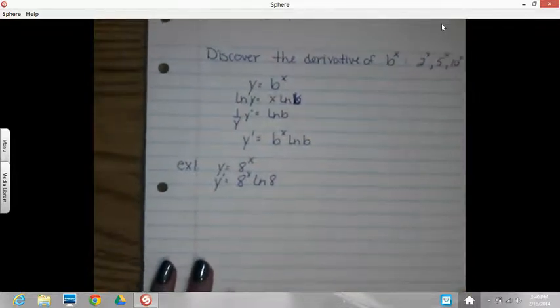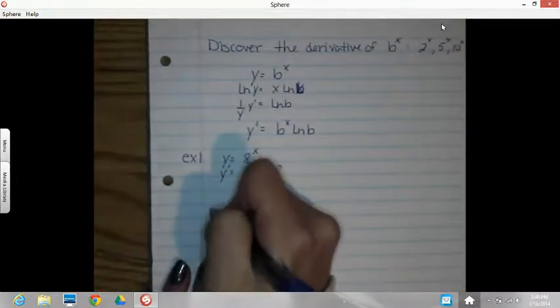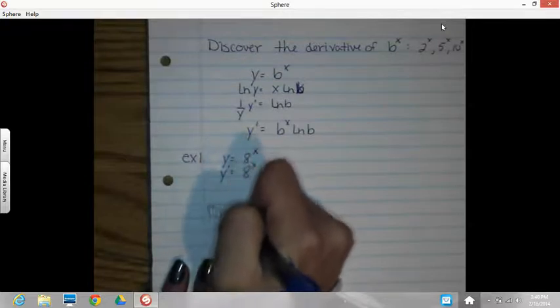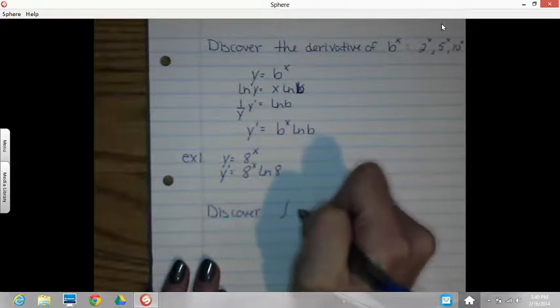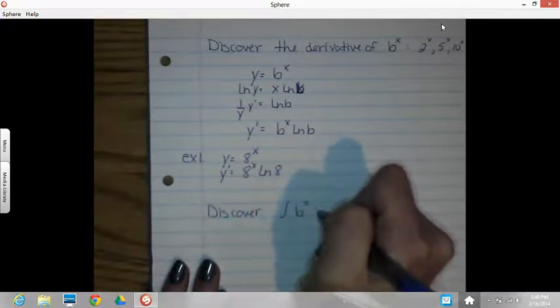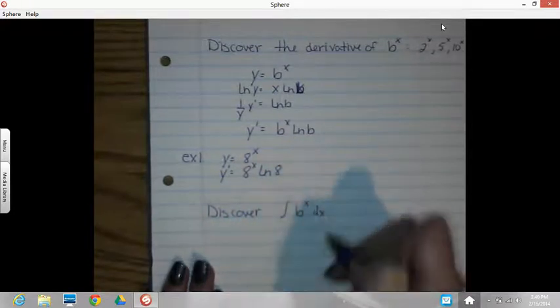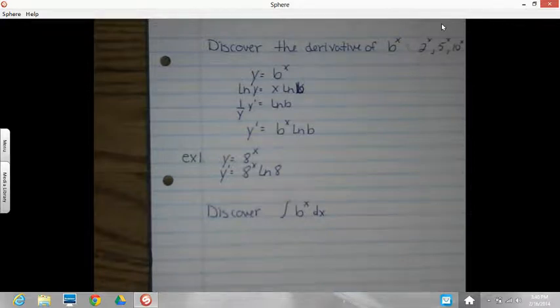Okay, now we want to discover the integral of b to the x dx. Okay, this one's a little bit trickier to discover.